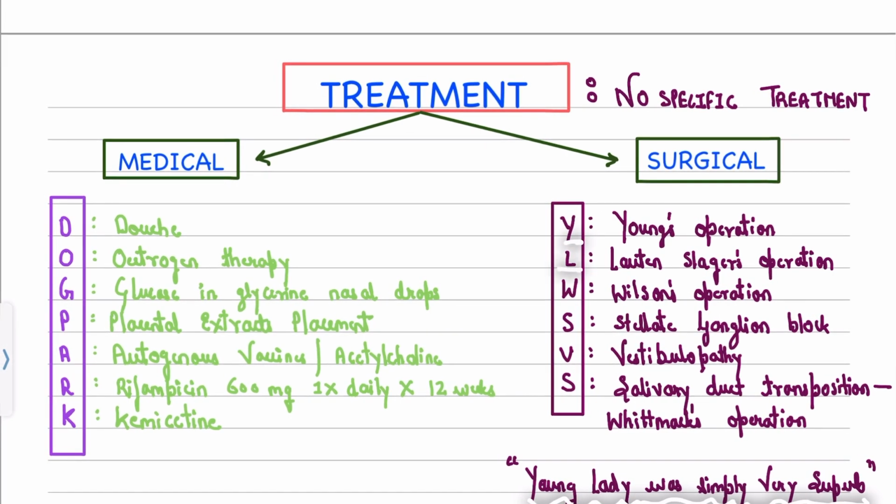The operations include Young's operation, the most important one; with L we have Lautenschlager's operation; W is Wilson's operation; with S we have stellate ganglion block; V is vestibulopathy; S is salivary duct transposition, referred to as Wittmaack's operation. Just remember Young's operation and you are good to go.